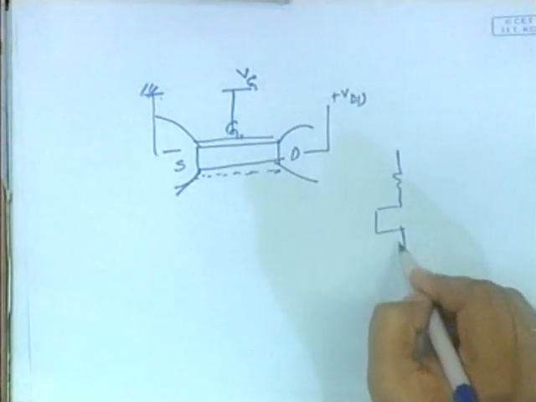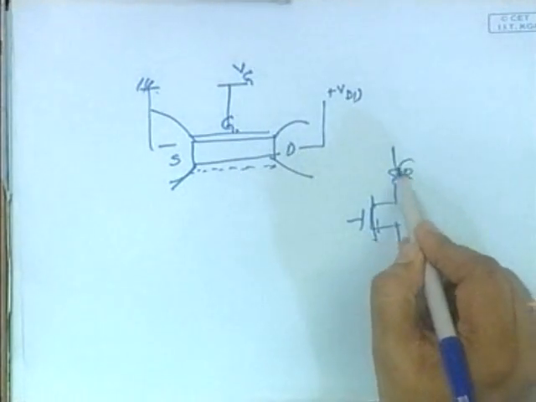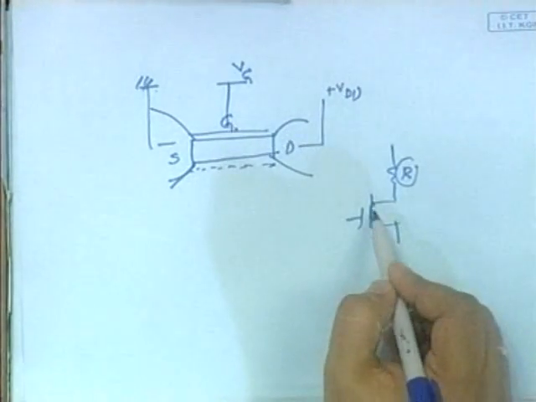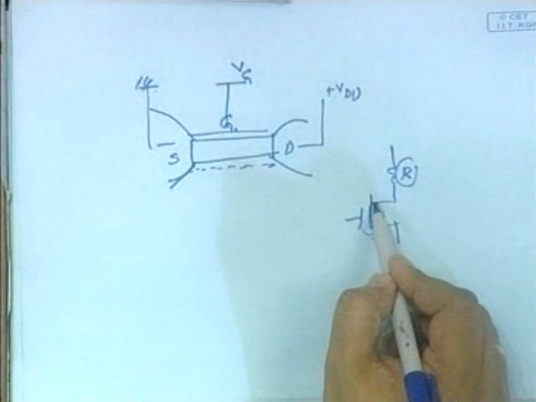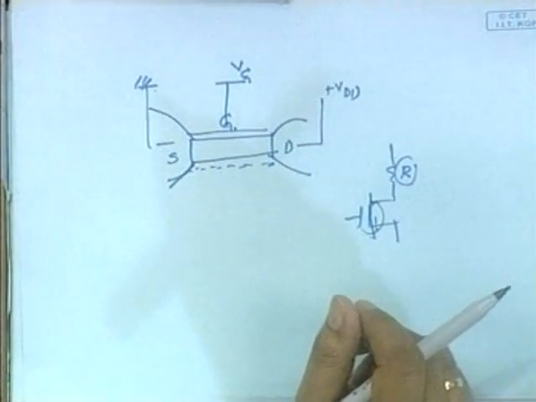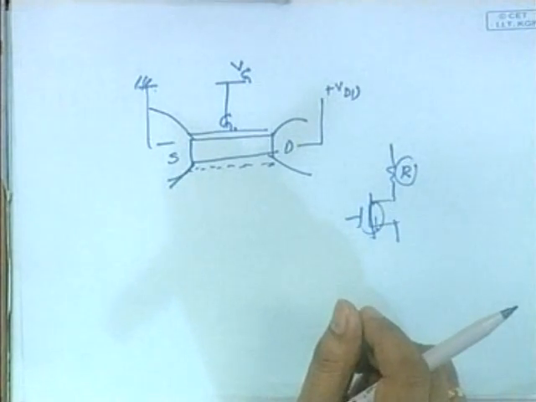So what we have found is that for a MOS transistor, suppose you have a resistance and then you have a MOS device with a channel here. That resistance will contribute noise, which is 4kTRΔf, and also the MOS channel resistance will contribute a noise equal to 4kTγgm. What is gm? gm is the transconductance.